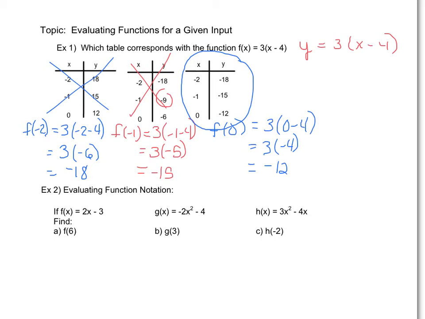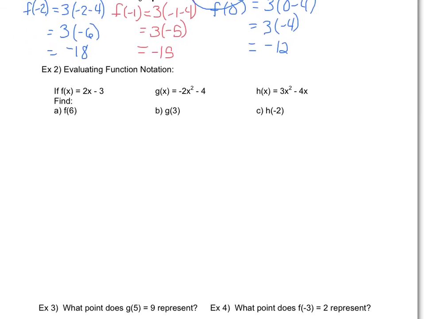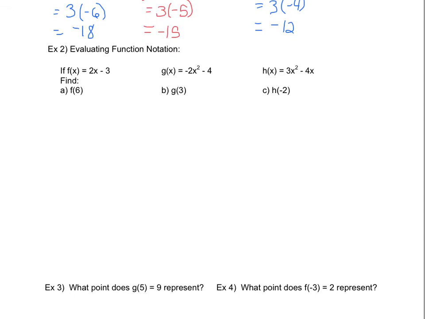In example 2, instead of giving a table, I'm given some different functions, f of x, g of x, and h of x, and I'm asked to find some different values. So the first value I'm asked to find is f of 6. Well, what does this mean?